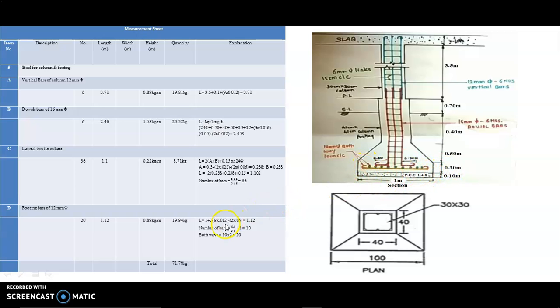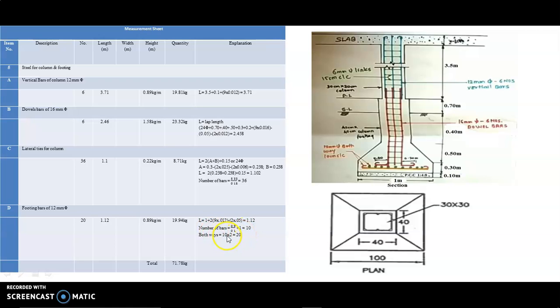Then we deduct 2 into 0.05, because we provide 50 mm cover on both sides, and we get 1.12 as the length of the bar.